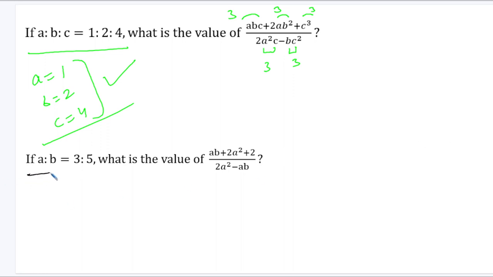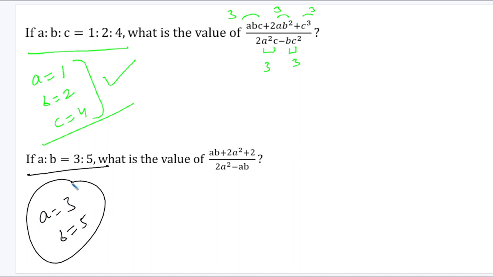Now checking the next one, I'm given that a is to b is 3 is to 5 and I'm looking for this question's answer. I think I can't really substitute a = 3 and b = 5 here and get the answer because the degree here is 2. It's 2 for this, but it's 0 for this. 2 is all alone, there is no variable involved.